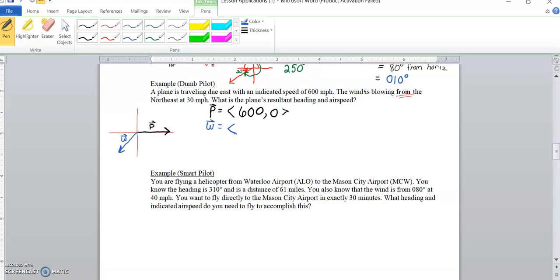And since we are going to use the azimuth directions, we need to figure out this angle right here. So here's 180 to get straight south, and then we have to add another 45 degrees to get to the southwest direction. So 180 plus 45, that's 225 degrees.